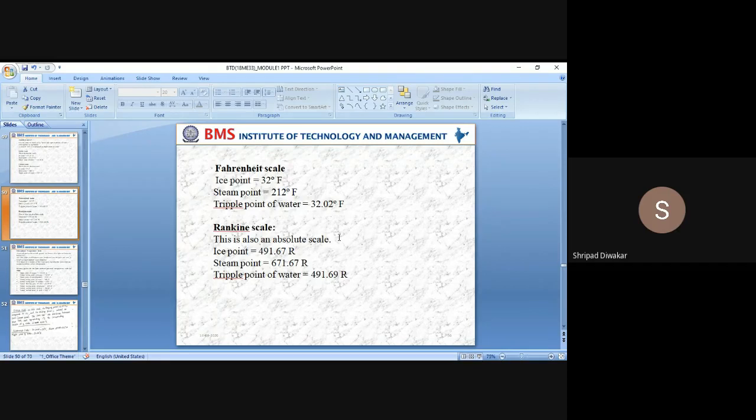Now the Rankine scale. It is not widely used. Mainly we come across the Celsius scale and Kelvin scale, sometimes the Fahrenheit scale.